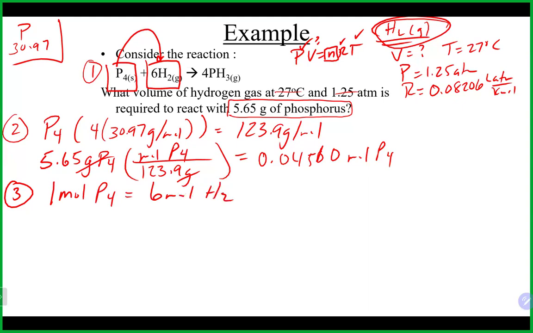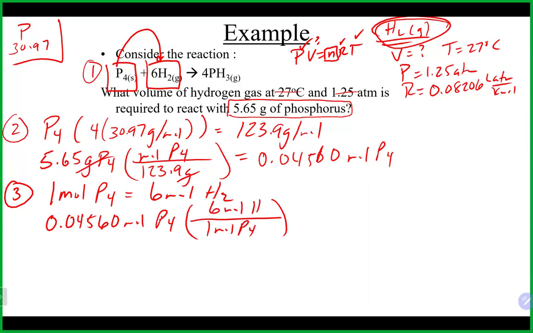So we take our 0.0456 moles of P4, use the mole-to-mole relationship, 1 mole P4 gives 6 moles of hydrogen, and that means times 6, which gives 0.2736.